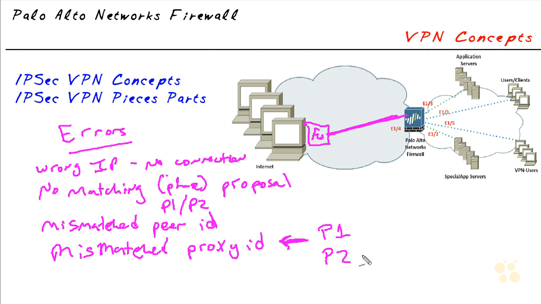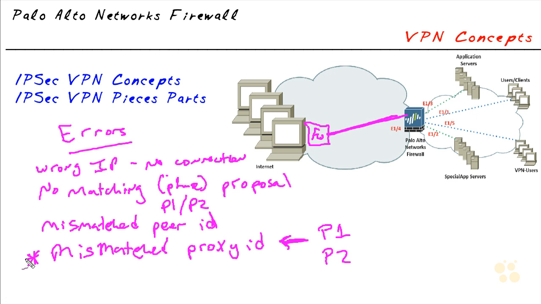On the Palo Altos, it shows up as a phase 2 timeout, or not being able to find a matching tunnel. So there's a couple different errors that you may have on there for that. This, I would say, is probably the most common thing that people tend to run into, with just having things that aren't properly inversely matched, and so we can't set up the tunnel the way that we want it to.